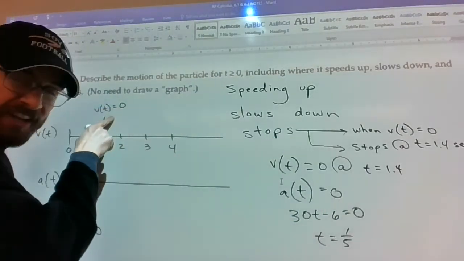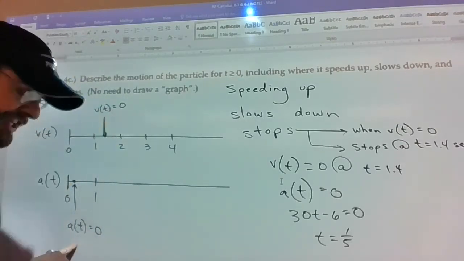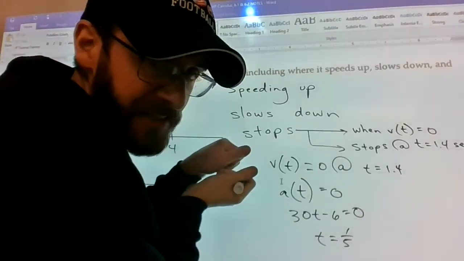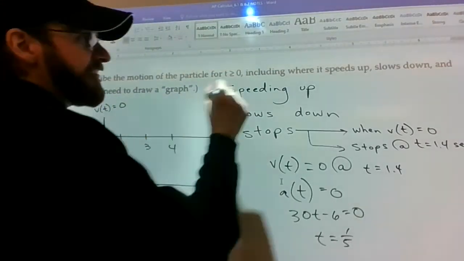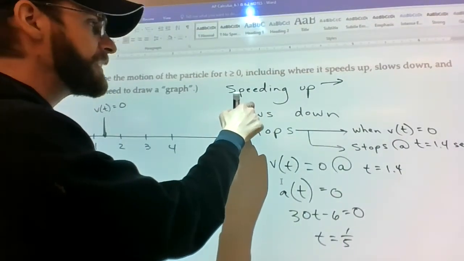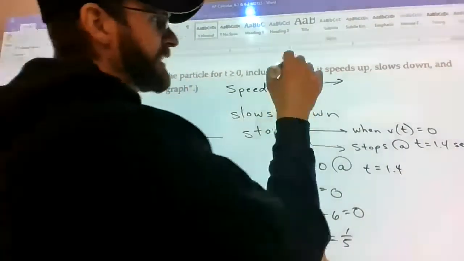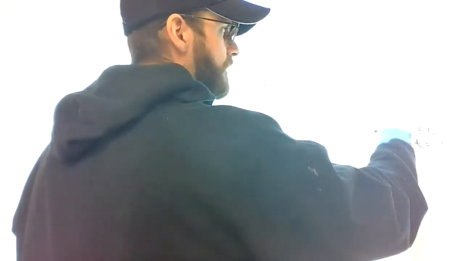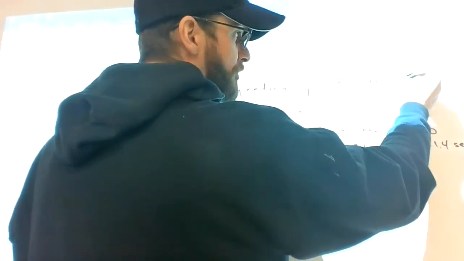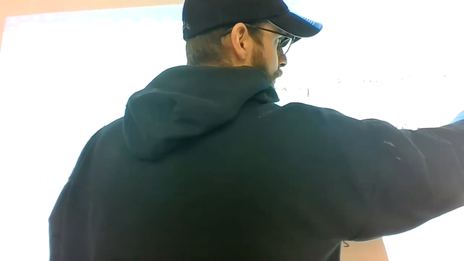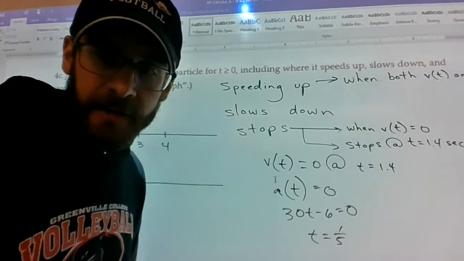When the direction of velocity matches the direction of acceleration, either both going positive or both going negative, that's a sign of speeding up. Okay? So this particle speeds up when both velocity and acceleration share the same sign.